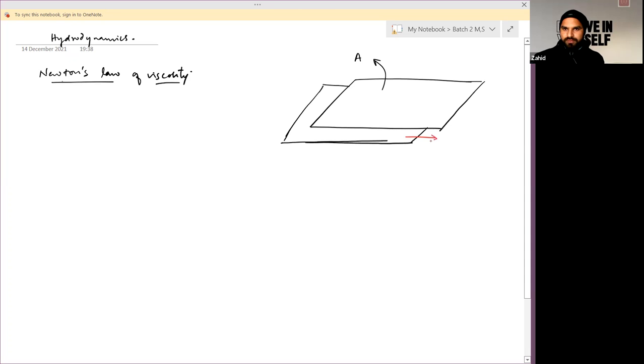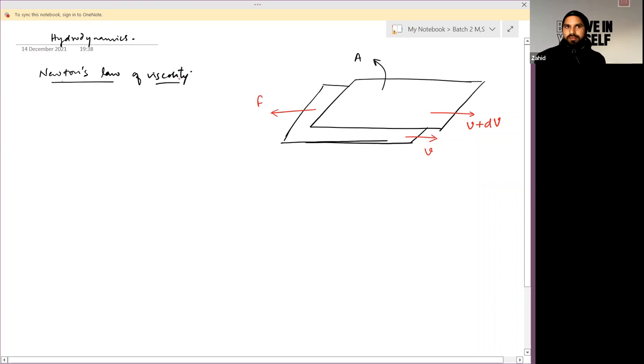So let's say velocity of this particular layer is V. So this layer will move with some greater velocity as V plus dV, as this top layer will be opposing this bottom layer by an opposing force in backward direction. This force is called viscous force.